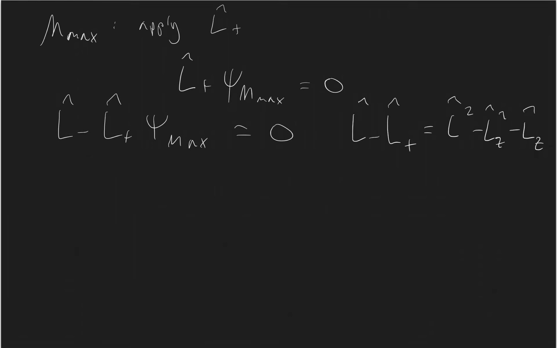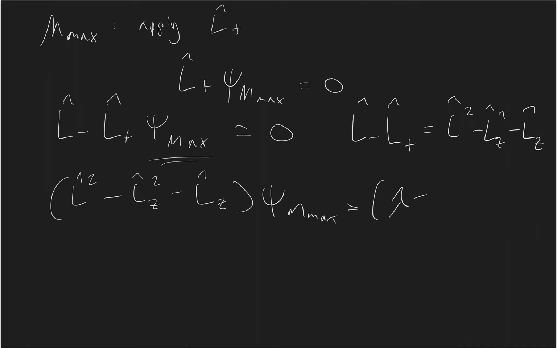And so we can apply this to this expression here, and so what we'll have is that the square of the total angular momentum, minus the square of the angular momentum operator in the z direction, acting on m max is equal to the eigenvalues, minus this maximum eigenvalue, or the square of it, acting on this, and it should be equal to 0.